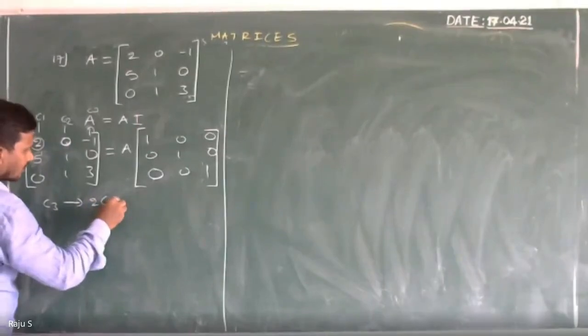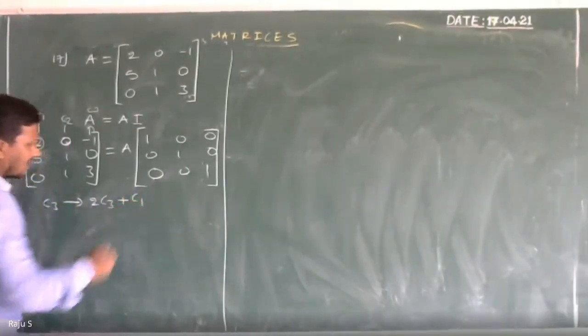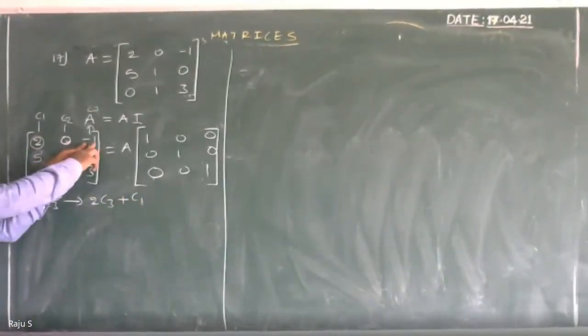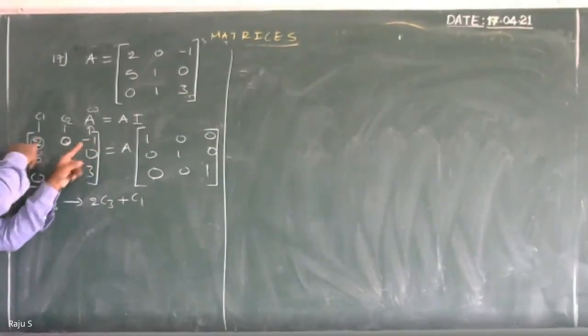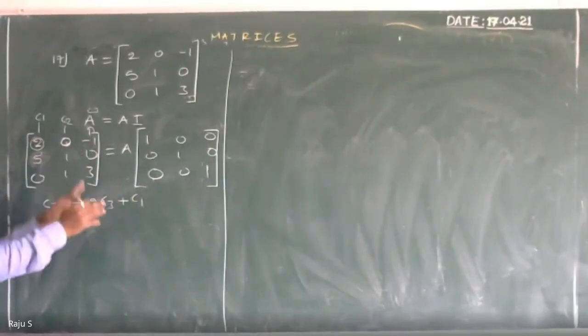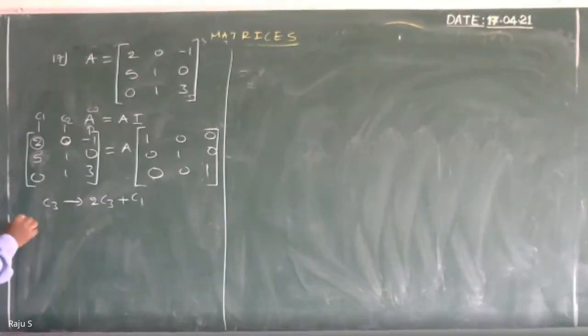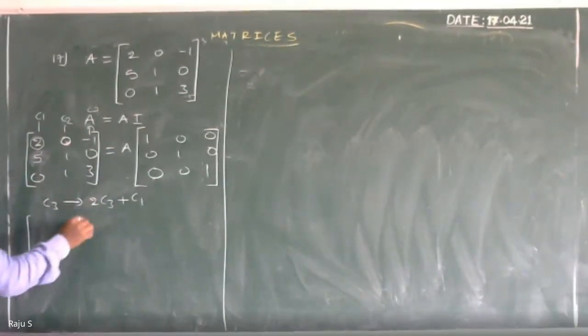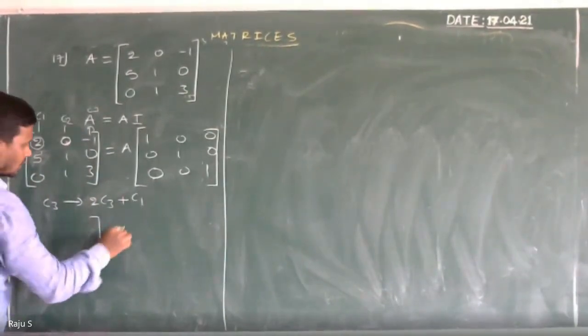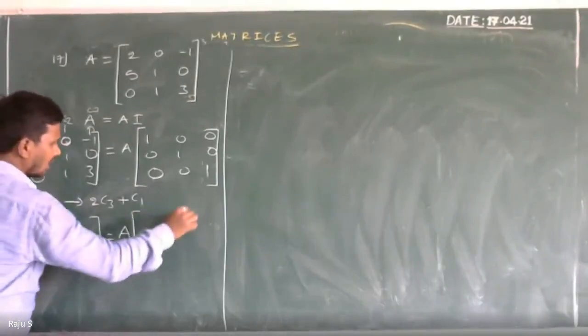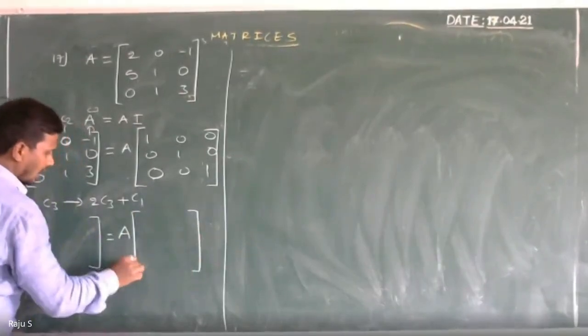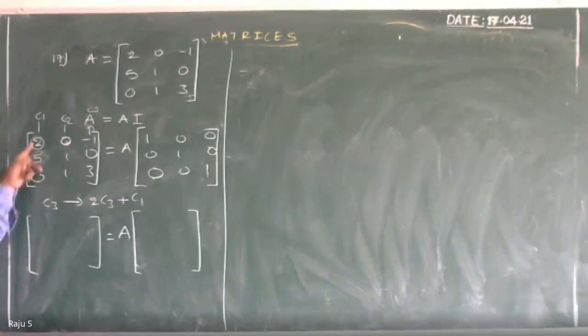2C3 plus C1, is it okay? Multiply 2 here, minus 2 plus 2 becomes, this element is 0. So immediately here also, other than this C3, you can write C1, C2 first.